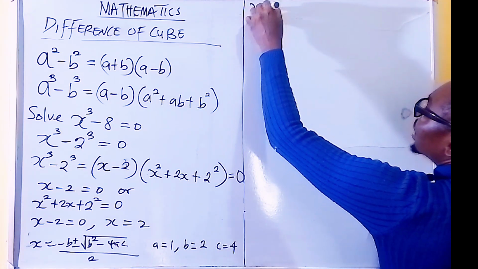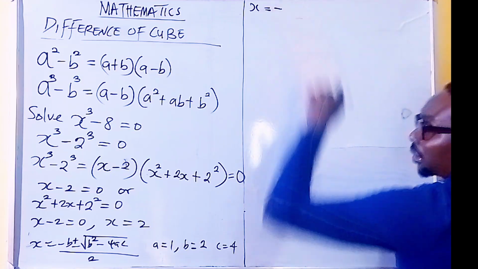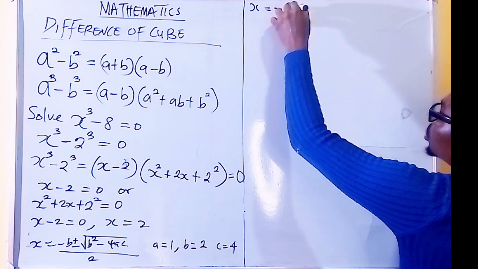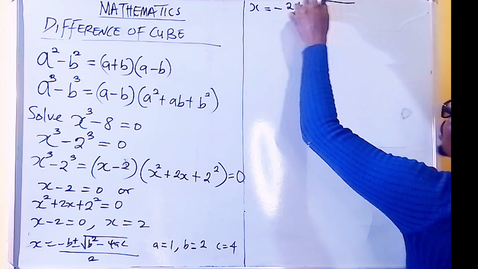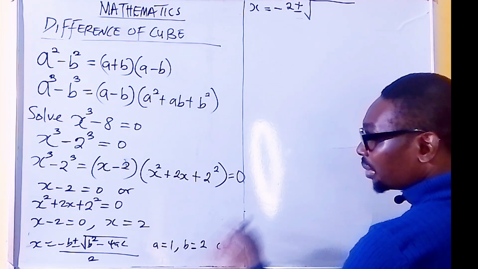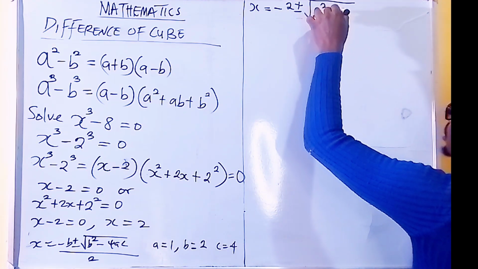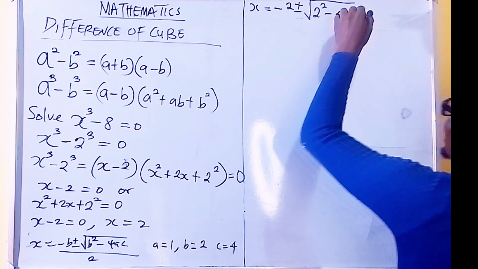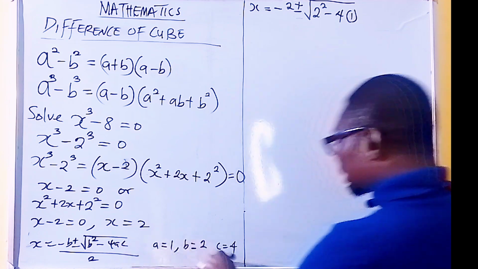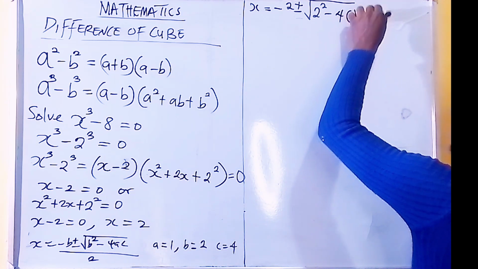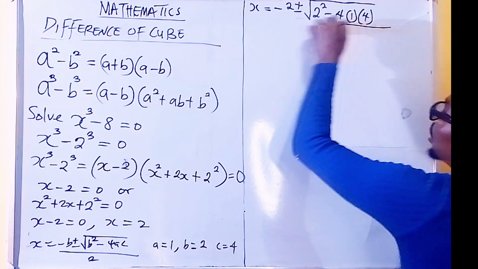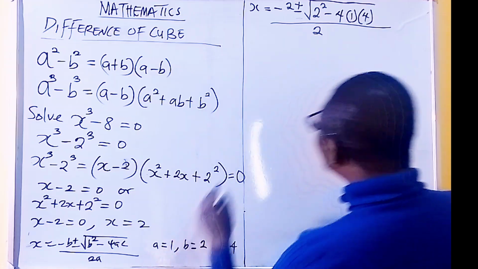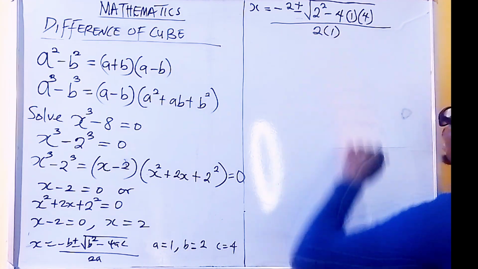So we now have x is equal to minus b, our b is equal to 2, so minus 2 plus or minus square root of, our b is 2 also, so we have 2 raised to the power 2 minus 4 times a, our a is 1, times c, which is 4, all over 2a, 2 times a, which is 1.